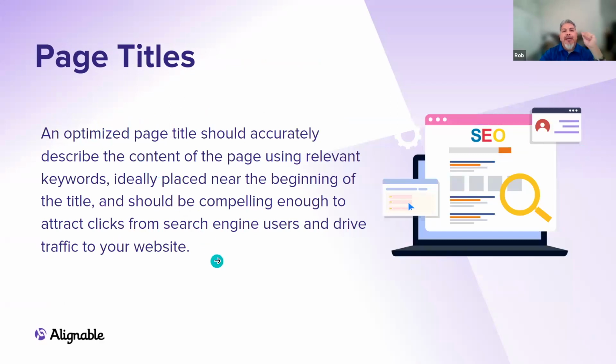An optimized page title should accurately describe the content of the page using relevant keywords, ideally placed near the beginning of the title, and should be compelling enough to attract clicks from search engine users, drive traffic to your website, right? So if this one thing is driving traffic to your website, that's probably pretty important, right?